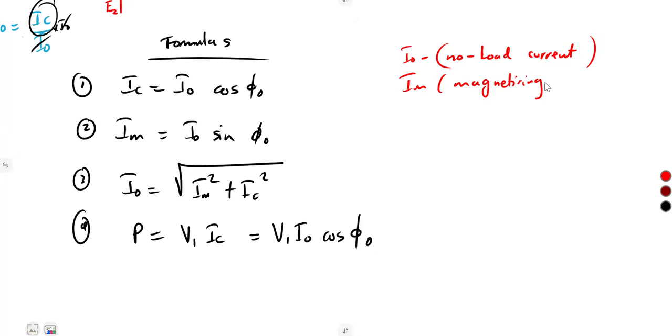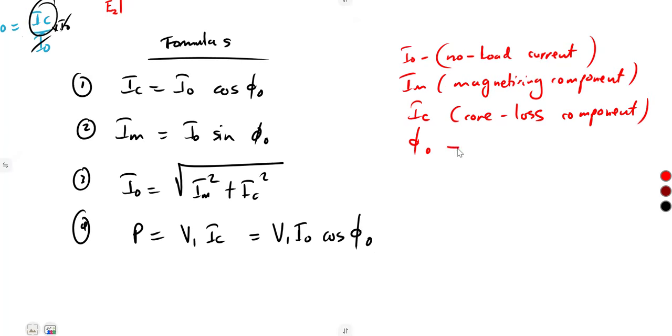And IC is the core loss component. What else do we have? We have the angle, which is the no load phase angle.